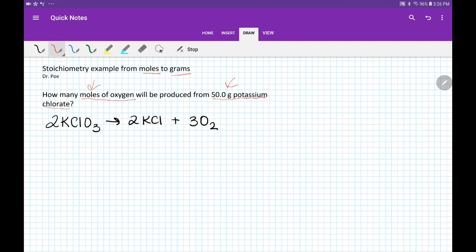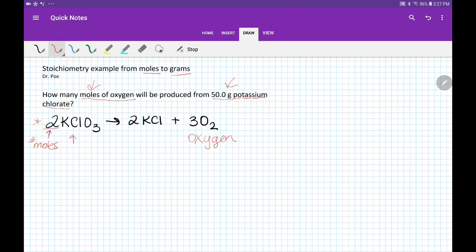First thing we want to do is match up what we're looking at in our balanced chemical equation. Of course we've got oxygen here, this is what we breathe. And here we've got the potassium chlorate. We know from our balanced chemical equation, the numbers in front mean the number of moles in our recipe.